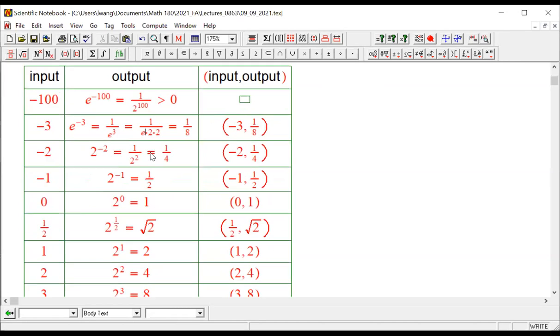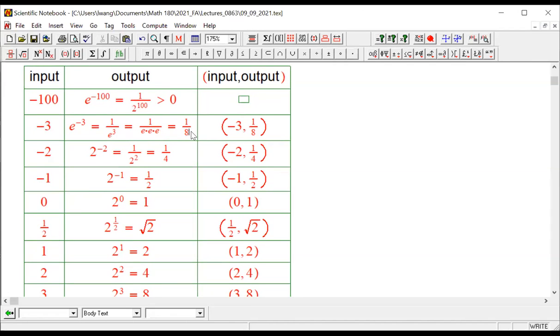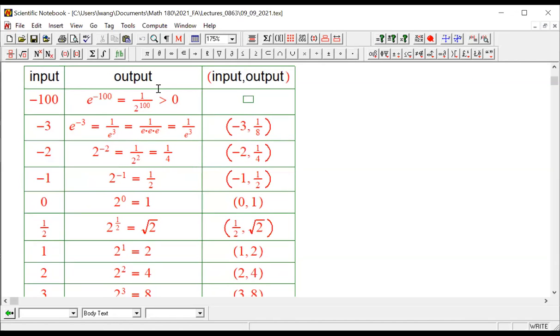Could you guys do that along with me? Do you guys follow me? The output is f of x equals e to the power x.